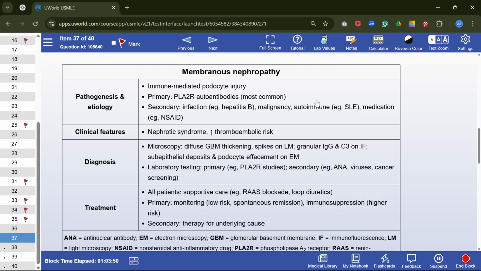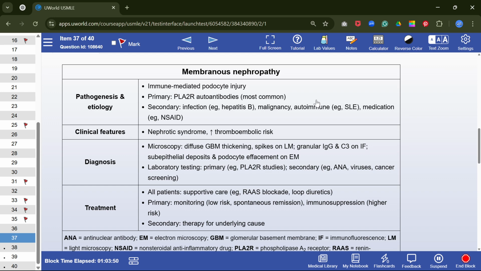The clinical syndrome is nephrotic syndrome, with increased thromboembolic risk. Diagnosis: on light microscopy, diffuse GBM thickening and spikes; granular IgG and C3 on immunofluorescence; subepithelial deposits and podocyte effacement on electron microscopy.